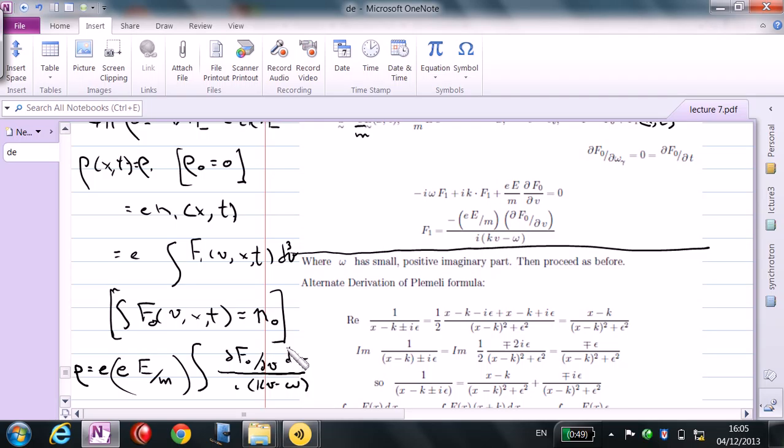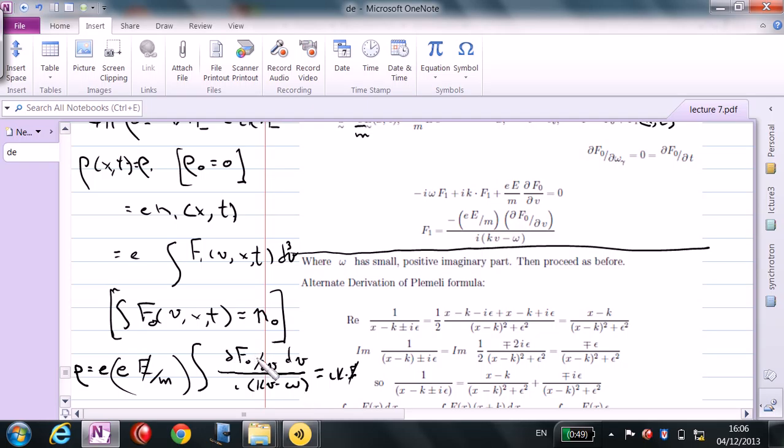Anyway, I have to set this equal to ik dot E. And notice the E cancels. And now I have an equation which fixes omega. Given K, this is an equation that fixes omega.